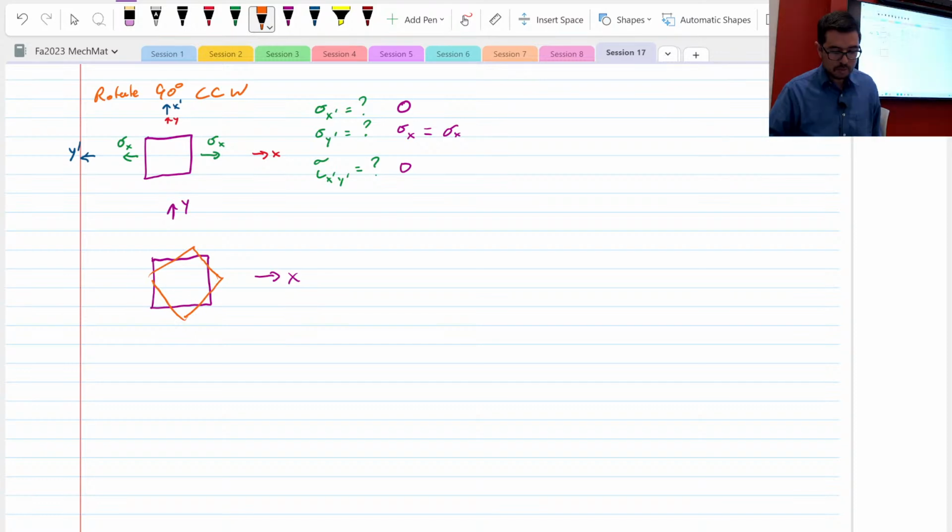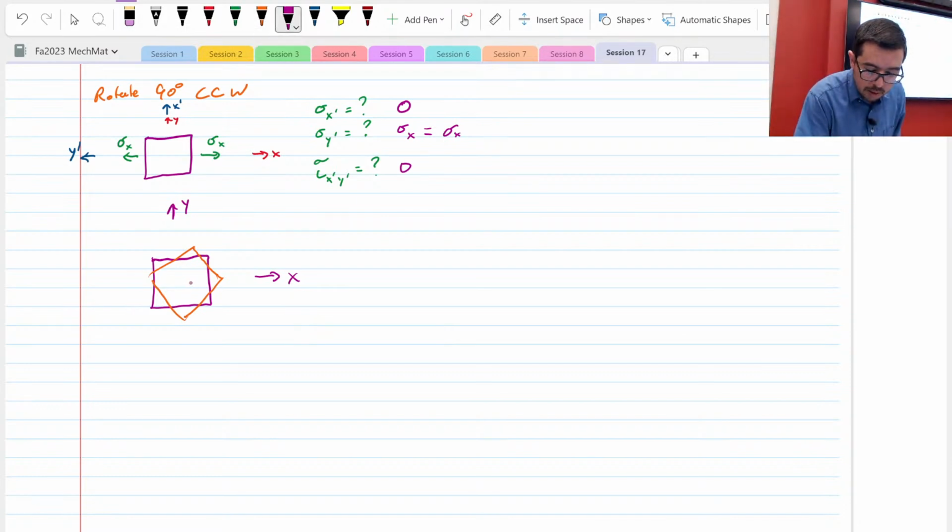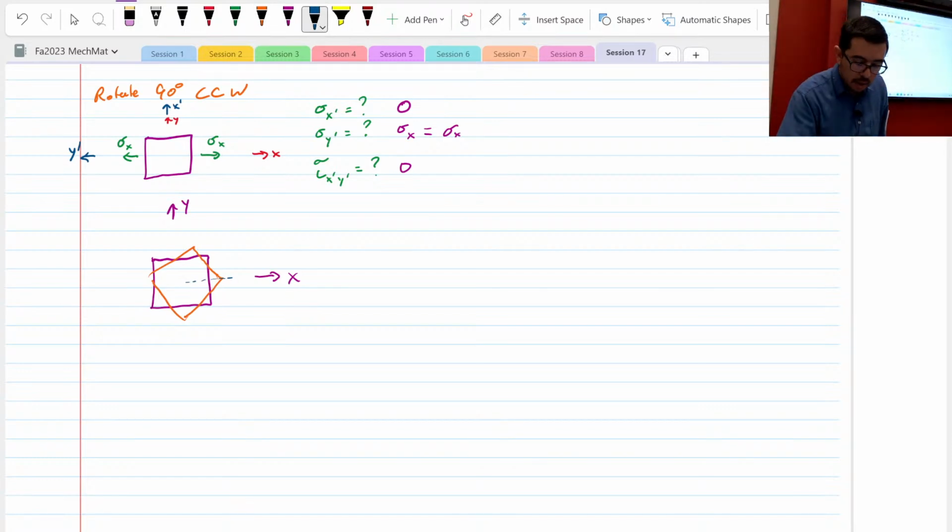What we actually do here is we define the rotation, coming this way. We'll say that's dotted along with the x, and then coming out of this face, this is going to be the x prime.